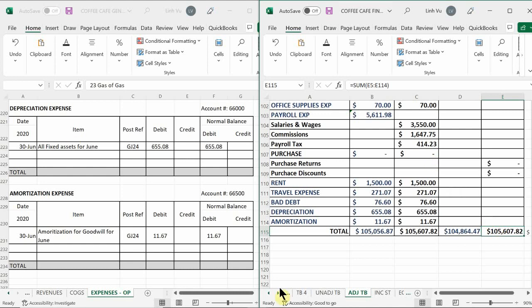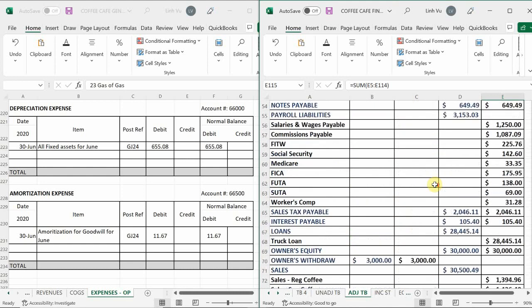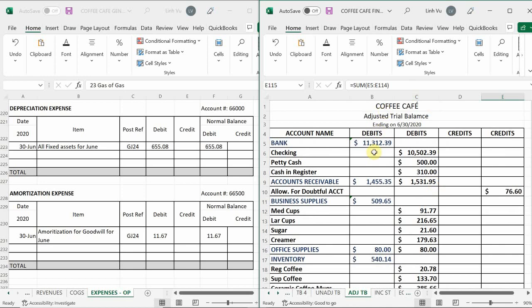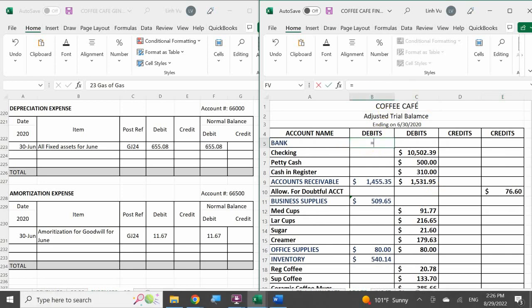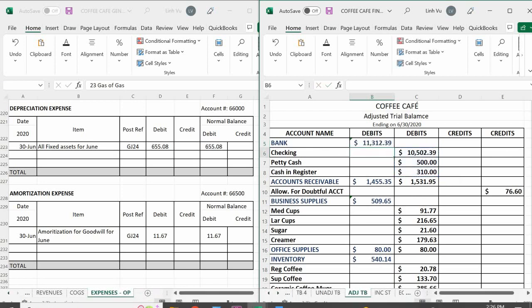Okay, let's see. Let's go through. Did I copy every formula correctly? Let's see. This should equal my checking, petty, and cash account. That should be equal to the difference between the two here.